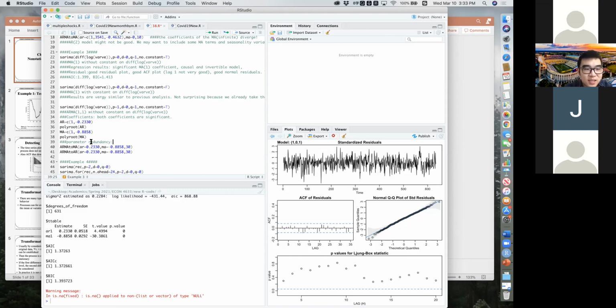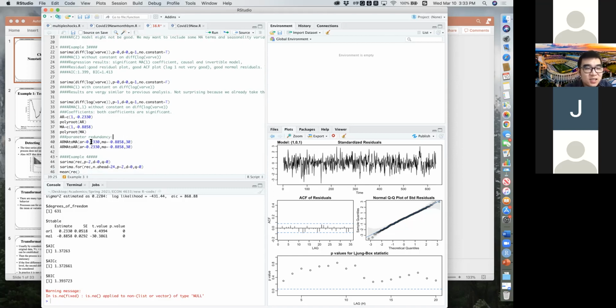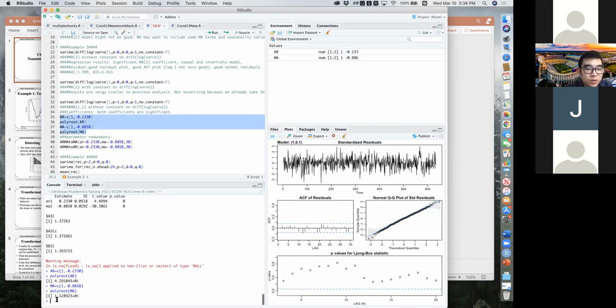As in the email that I sent last night, to check the parameter redundancy you can of course check it by hand. An easy way to do this in R is to check the roots of the polynomials of the AR part and the MA part. If the roots of the AR part and the MA part are very similar, then we will think that there exists a parameter redundancy problem. So let's check what we have here.